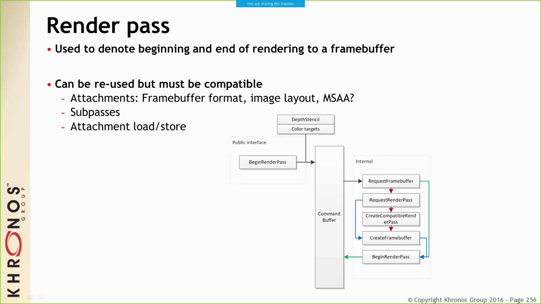Just again, a simple hashing style way of doing it. We request the render pass, we create the render pass if we haven't seen it, we create the framebuffer, but in the common case we have seen everything and we have the render pass and then we just begin. That's a problem if you change the texture every time, but why would you do that?